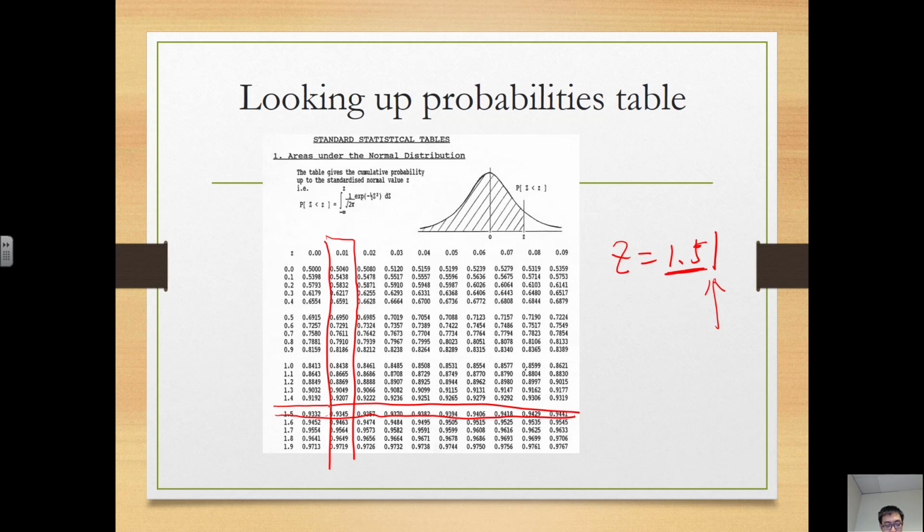It's 0.9345. That's exactly the area. That's how you do it using a z-table. I will practice it after this slide, and we also have a lot of practice using the z-table in the homework.